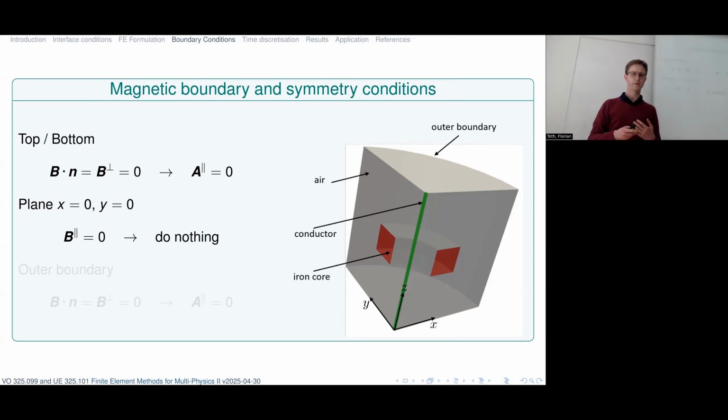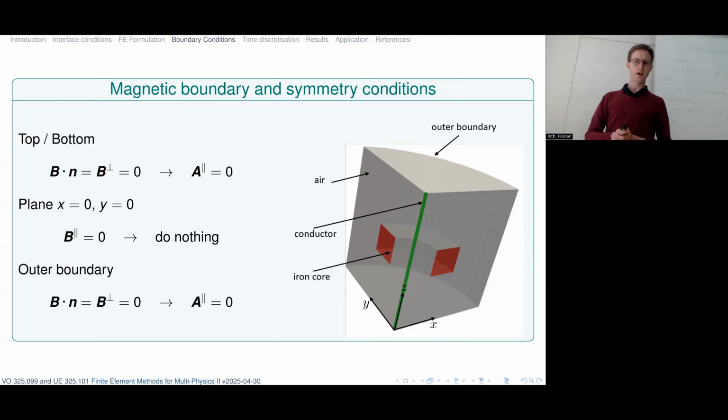We will have the natural boundary condition, so we don't need to do anything in order for the flux to be orthogonal to the interface. So this, of course, happens if the parallel component of B is 0. And for the outer boundary, again, we take the homogeneous Dirichlet condition on the edge degrees of freedom, making the flux parallel to the boundary.